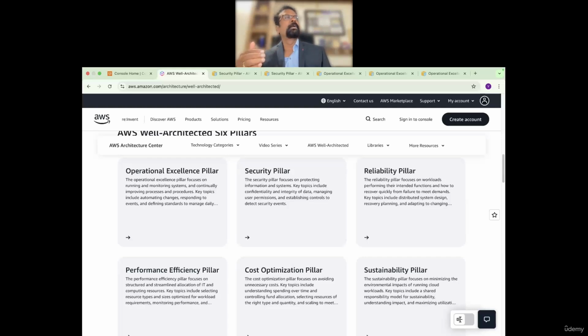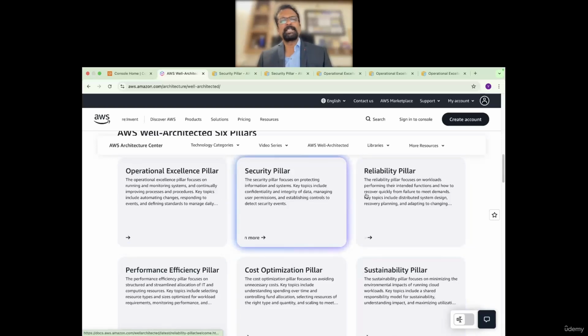It cannot happen just over a one-day class, or even 2 days. You should spend at least 2 to 3 weeks reading these documentations. These documentations are the pillar post of any architect's diary. This is what they will be using day in and day out to understand whether my project is meeting the requirements. So that's the six pillars for you.